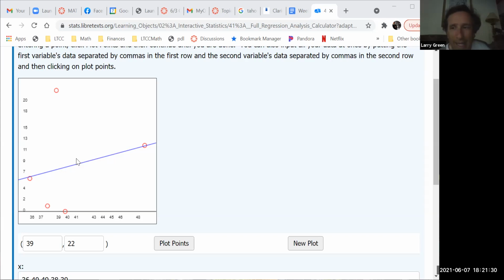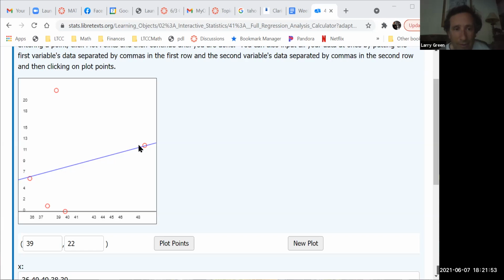So the rise is how much the y coordinate has changed, and that is the difference in the number of classes. That went from 6 to 12, so 12 minus 6 is the rise, which is 6.